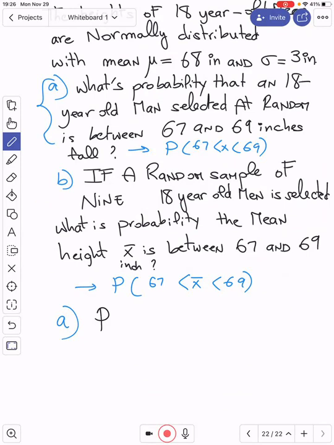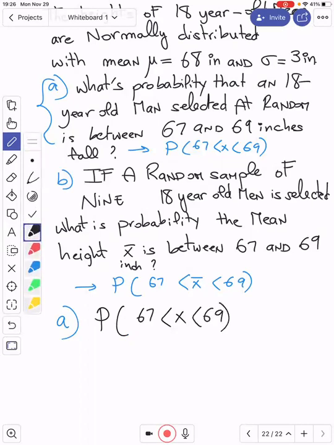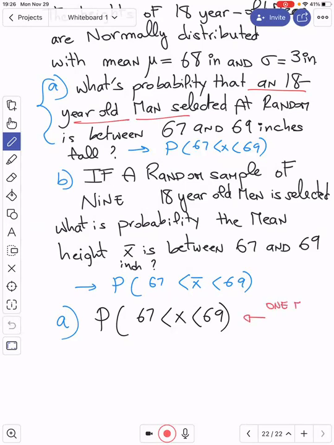So we need the probability that X is between 67 and 69, because that's just one single 18-year-old man.